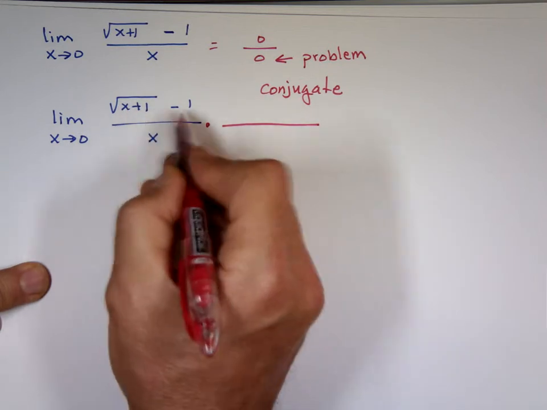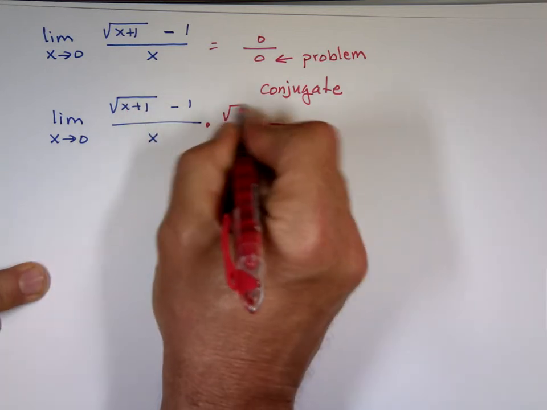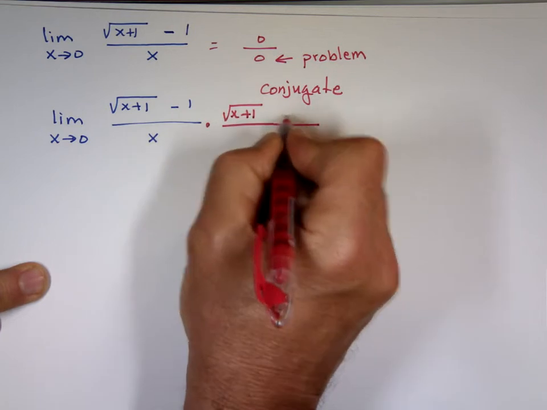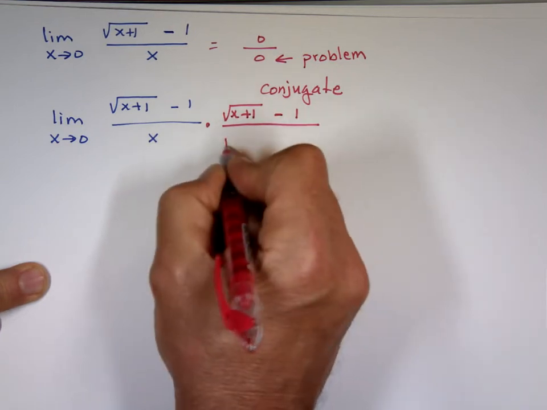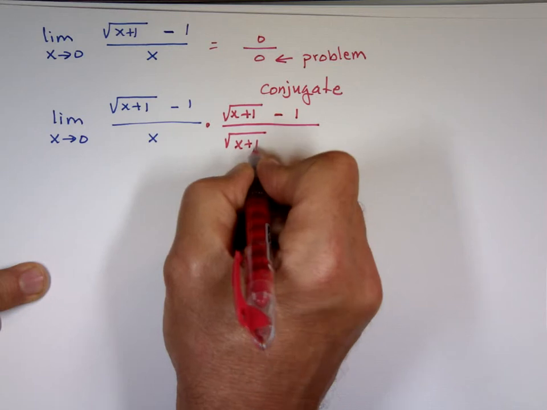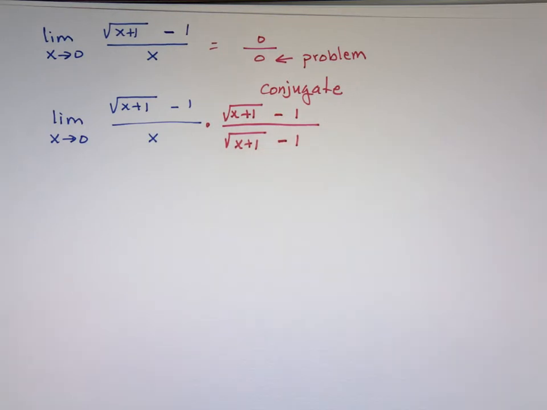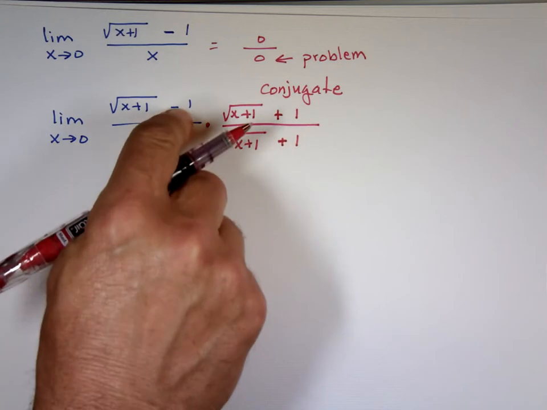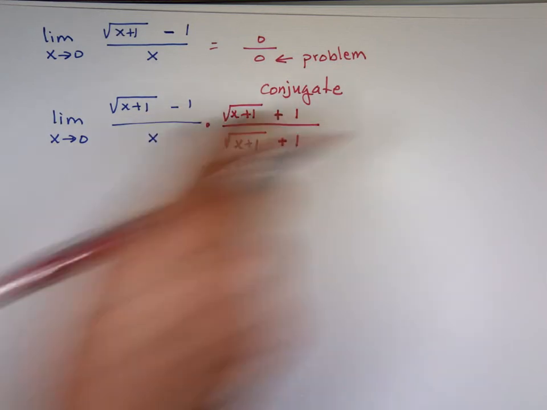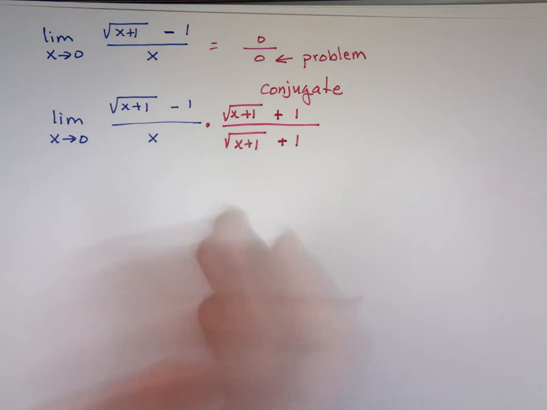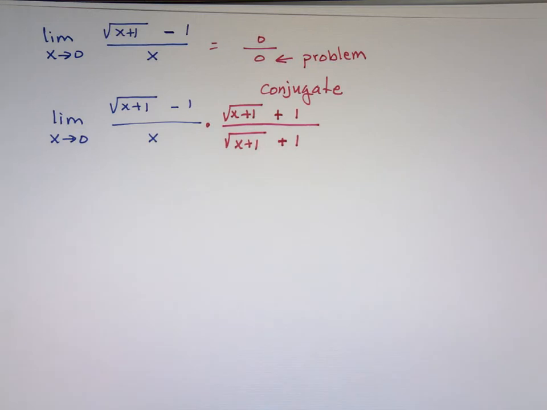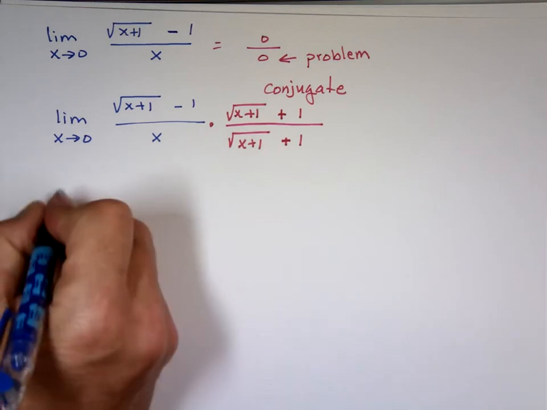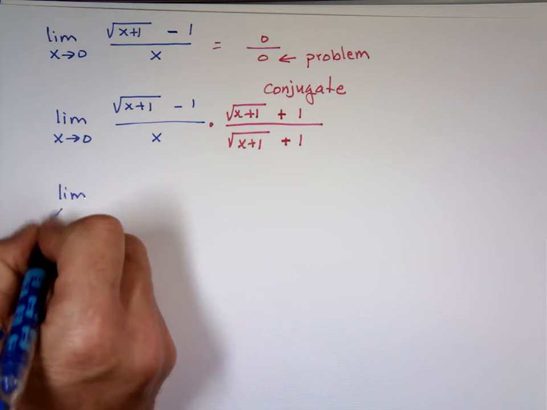We change this sign. Anytime you have a square root, that's really the process. You're going to multiply by the conjugate. This minus turns to a plus. If this is a plus, you turn it to a minus. Notice I'm multiplying by 1, so the value of the fraction is not changing. Leave the bottom alone. Don't worry about it.